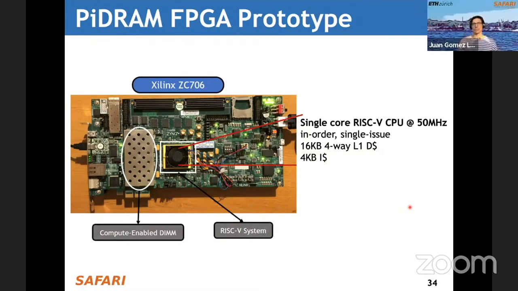Mm-hmm. Yeah, I agree with you. In the end, it makes sense, right? Because at the moment we're only able to try or experiment with these processing using memory techniques by playing some tricks that we or other researchers discover over time, like playing with the timing parameters.